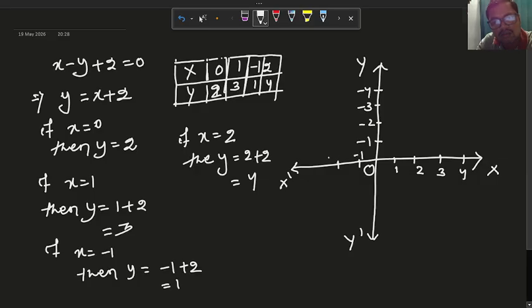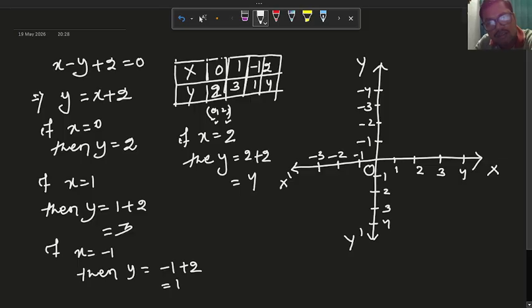Then we have to plot the pairs of points: 0, 2, here is point 0, 2; here is 1, 3 and minus 1, 1 and 2, 4. In a graph, this 0, 2 is x coordinate and y coordinate. 0, 2 means x equal to 0, y equal to 2.